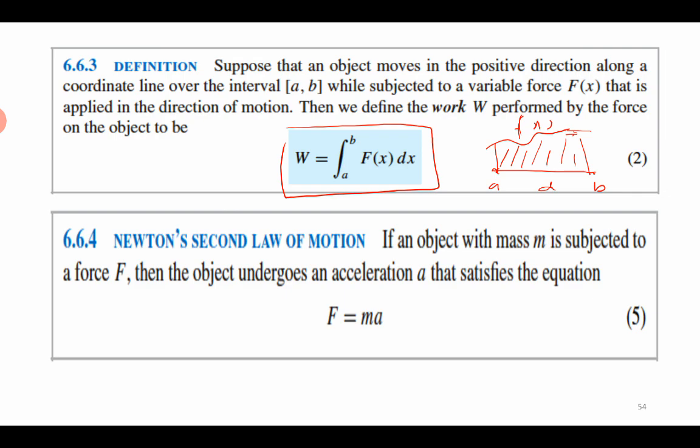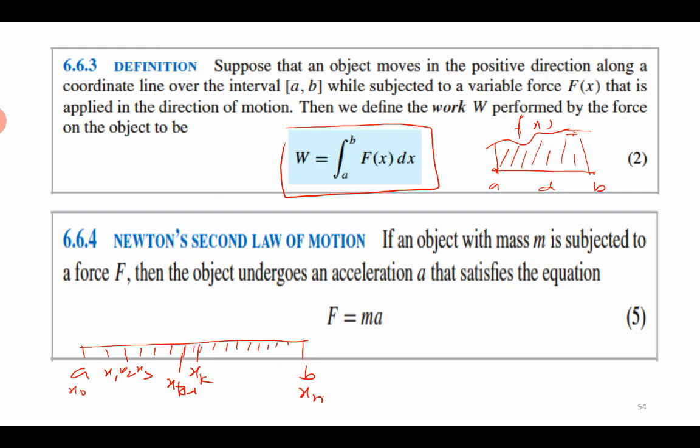Just like in our similar integration, we divide this interval A to B into n small intervals. This is x0, this is x1, x2, x3, in general xk, the previous one is xk minus 1, and the final one is xn.